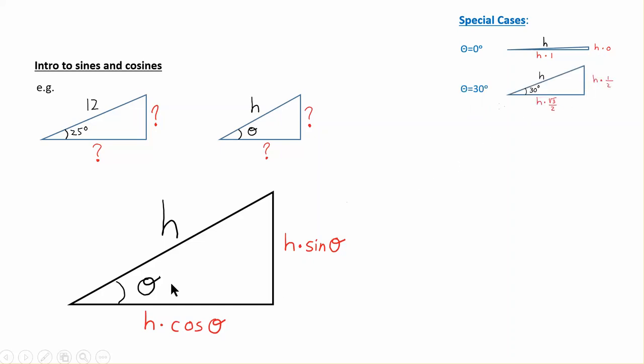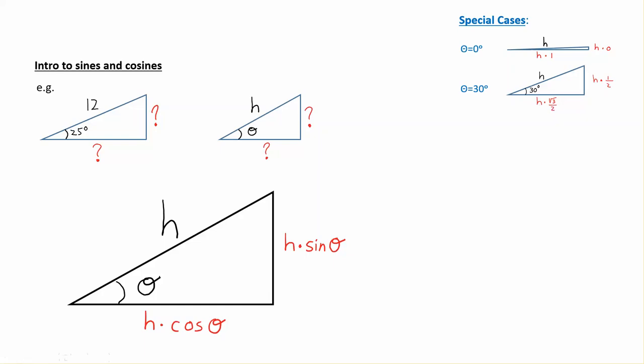If we have a 30-degree angle, so this is a 30, 60, 90-degree triangle, then you may remember that if the length of the hypotenuse is h, and this is a 30-degree angle, then the length of this side here, opposite to the 30 degrees, is just 1/2 the length of the hypotenuse. And the length of this adjacent side here is the square root of 3/2 times the hypotenuse.